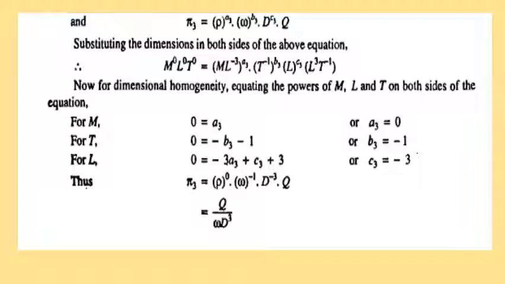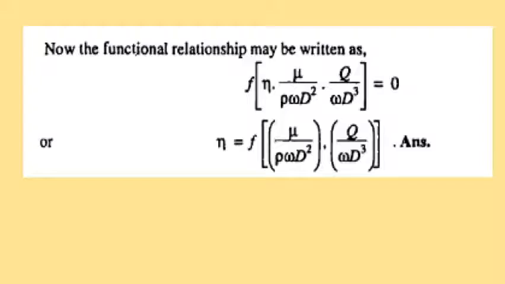Now after getting the values of these pi 1, pi 2 and pi 3 terms, substitute these pi term values in the expression. So the functional relationship may be written as: efficiency is a function of the dependent variable. Now the function is taken as efficiency, that is the first phi 1 term, the second phi 2 term is mu by rho omega d square, the third phi 3 term is Q, the discharge, by omega d power 3, equal to 0.